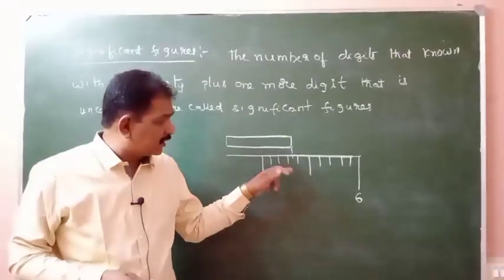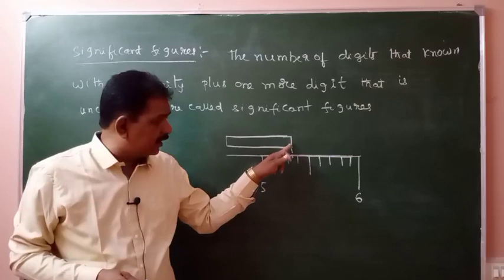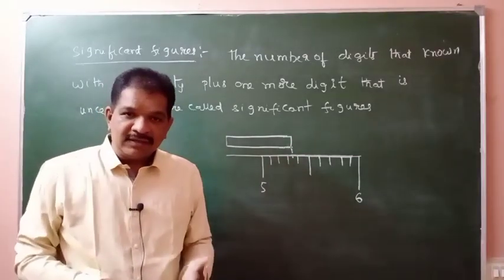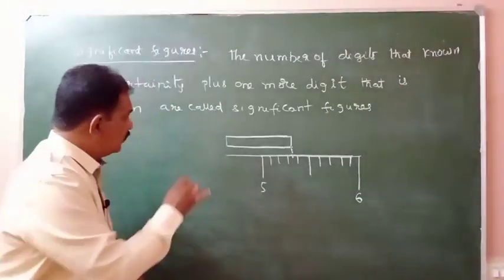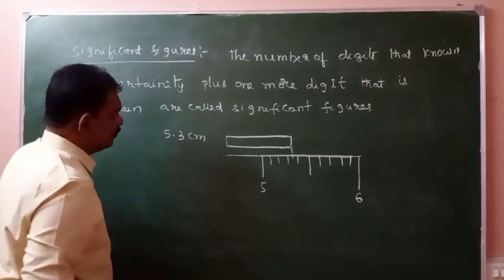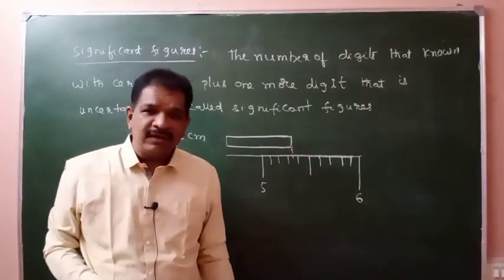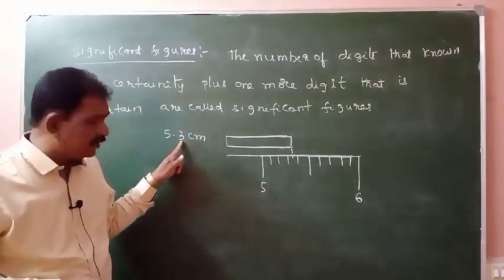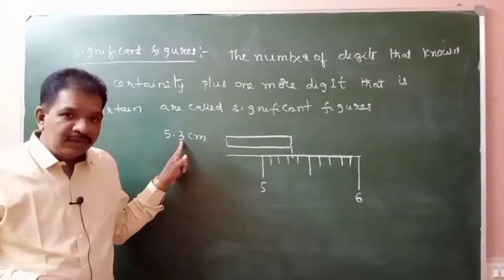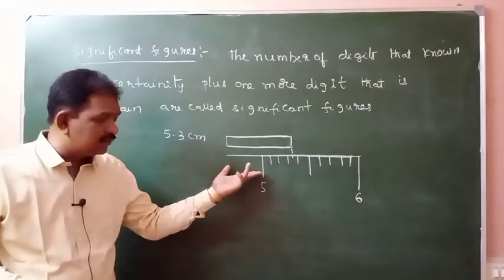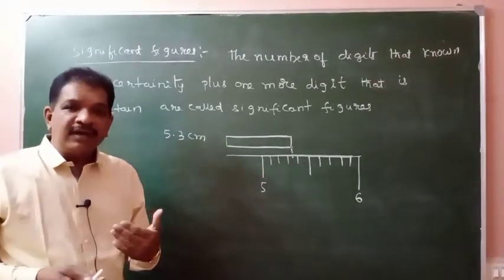With some convex lens we observed this length is crossing 5.3 but not reaching 5.4. Then we will say the length of that rod is some 5.3 centimeters. But this last digit is uncertain. A little more than this will be there, but with that scale, we can't measure that.